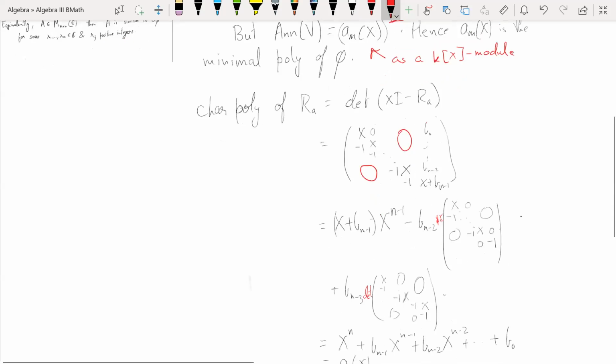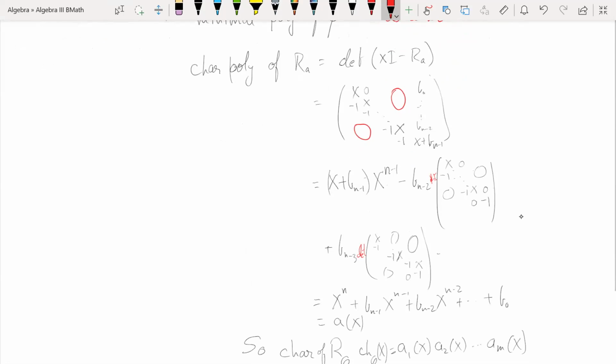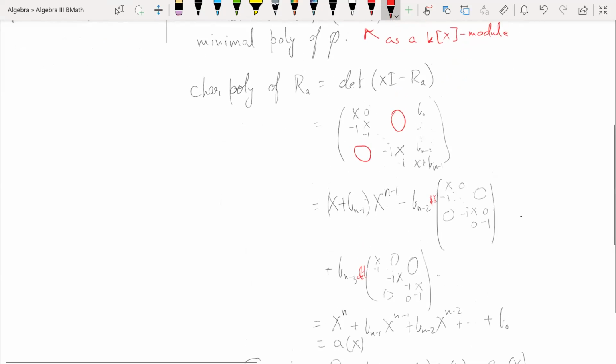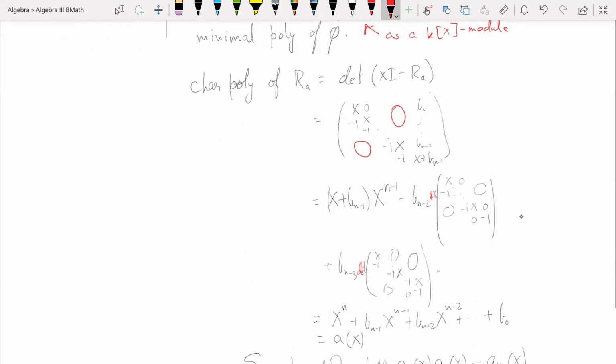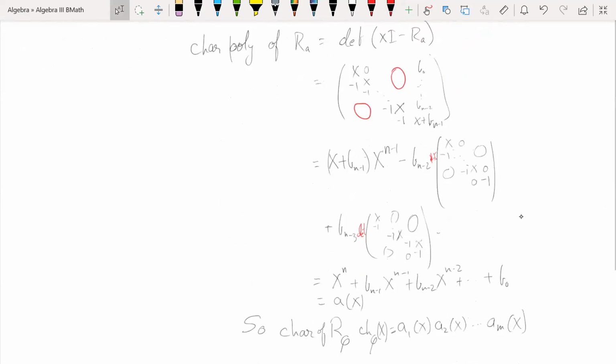So the determinant of this guy is again x to the power n minus 2. This is a matrix of size n minus 1, and there are n minus 2 x's in the diagonal. So what you get is x^{n-2} with a negative sign, so it becomes plus, and so on.